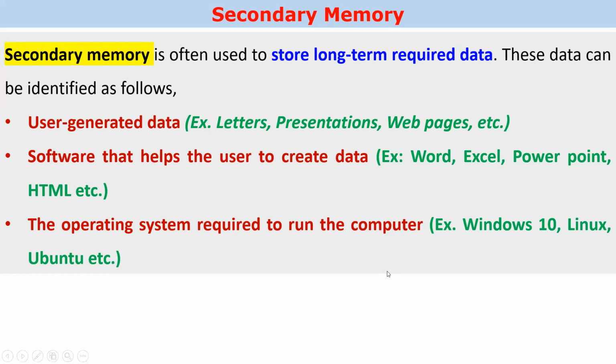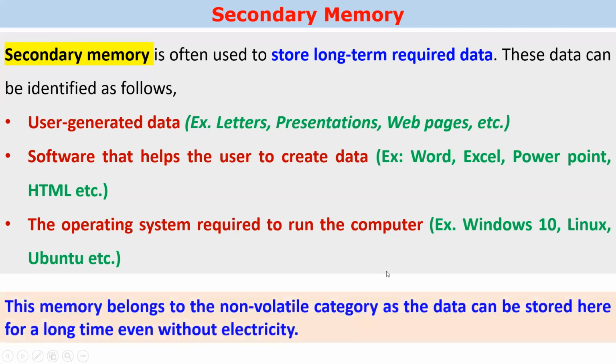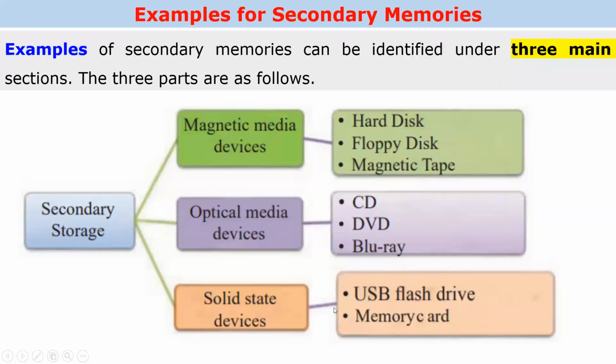Then look at the diagram here. The last statement here says secondary memory is non-volatile, which I already explained. Non-volatile because it stores data even after electricity is off. Then look at the diagram here.